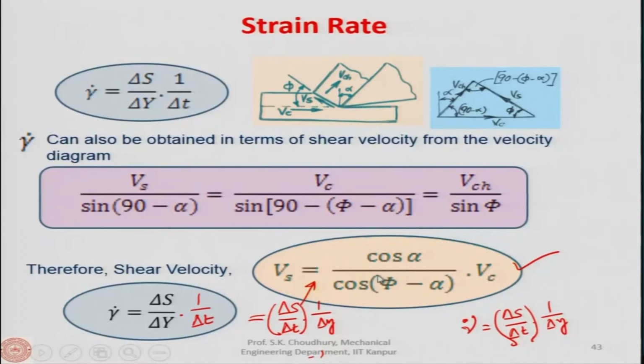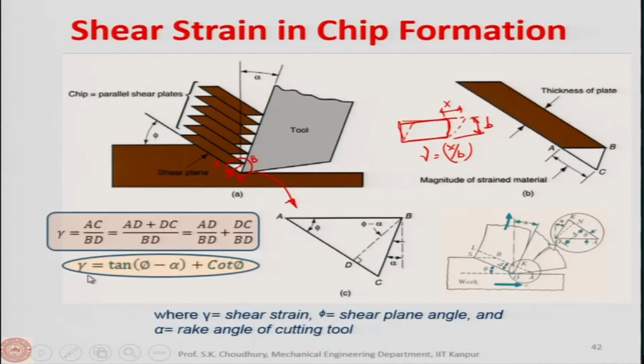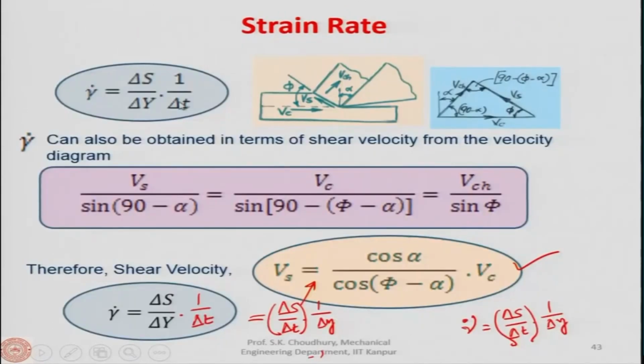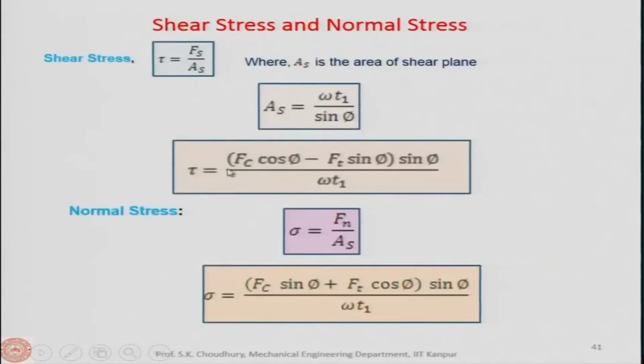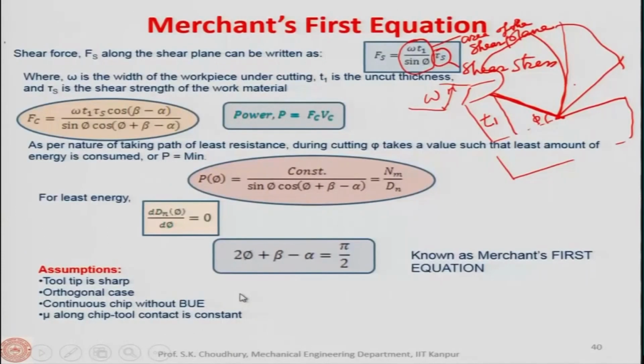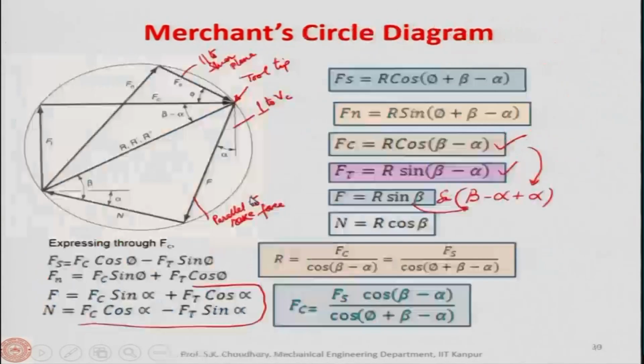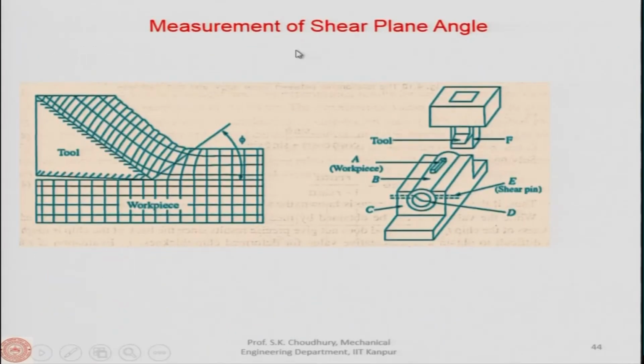Then if we can find out the phi, the shear plane angle, we can analytically find out the value of the shear strain, the strain rate, shear stress, normal stress, and also the theoretical or analytical values of Fs, Fn and so on. How to find out the shear plane angle? There are two ways.